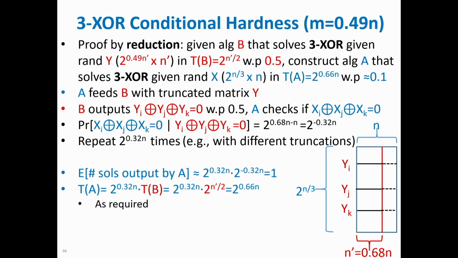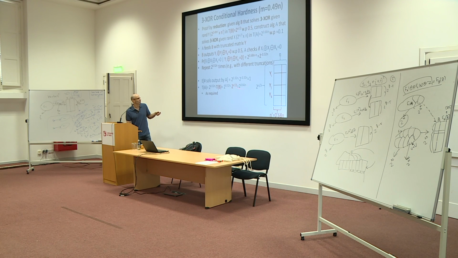And if you look at the time complexity of A, it's 2 to the 0.32n times the time complexity of B, because we're running B 2 to the 0.32n times. And if you plug in the parameters, then you see that we get what we want. We get this time complexity. That's not very difficult to see.